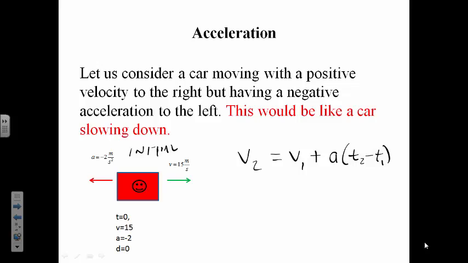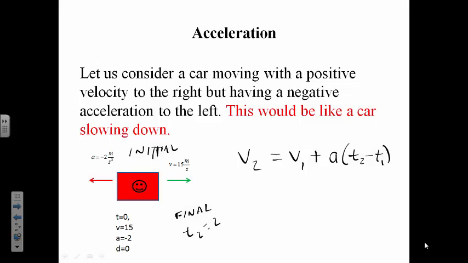And let's say that we have this deceleration applied for a few seconds. The acceleration is to the left and our velocity is to the right, and we want to know what our speed is going to be after T2 equals 2.